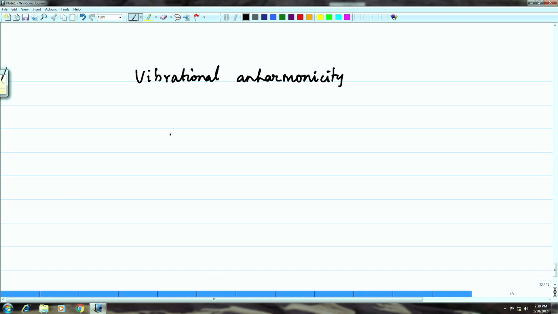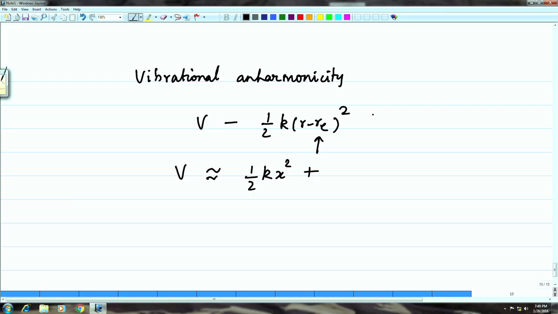That is, the vibrational motion is not given by half k times the displacement from equilibrium squared. Suppose we call the displacement x, so half k x squared. Then anharmonic motion essentially means that the potential energy V is approximately given by contributions other than the squares.